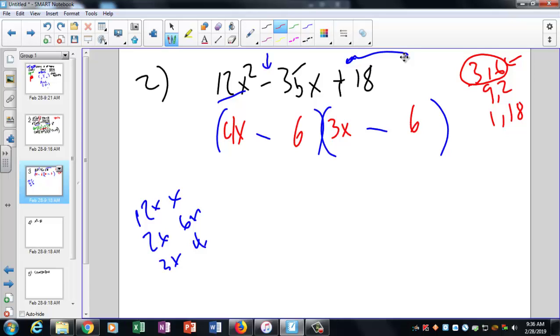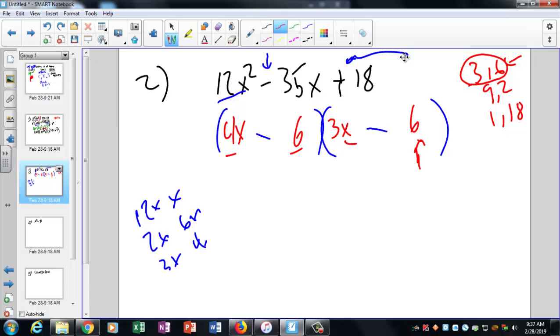If you put the 6 here, that's a common factor. Can't do that. If you put the 6 here, there's a common factor. And somebody told me a couple semesters ago, there's no common factor. What do you mean, 4 doesn't go into 6? I didn't say 4 goes into 6. I said that there's a common factor between 4 and 6, and that number's 2. So 3 and 6 aren't going to work.